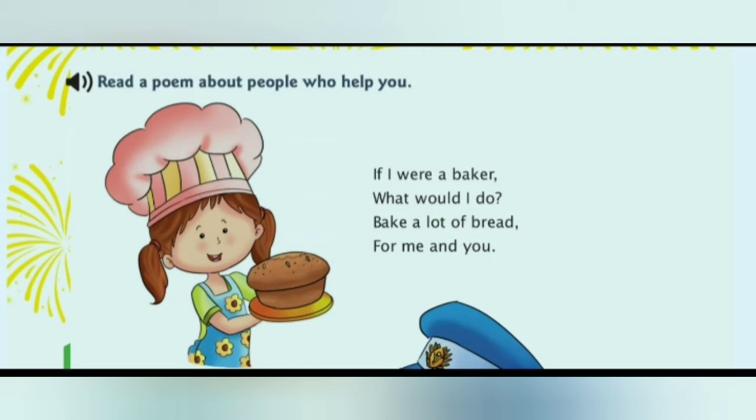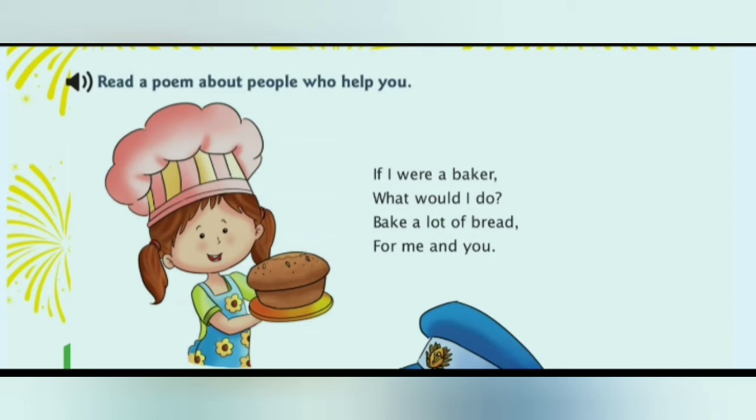If I were a baker, so the comma comes after baker. Till baker you have to read a little fast because it goes like a single sentence with a single flow. If I were a baker, fine. Next, what would I do? It ends with a question mark and the same flow, no connecting word in between.